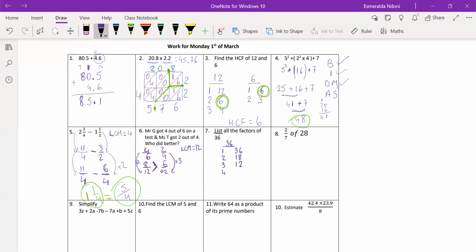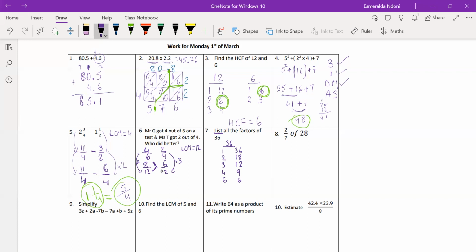This is a difficult question, so stick with me. 4 9s are 36. 5, doesn't go. 6, yes, it goes, 6 times 6. 7, no. 8, no. 9, it's already there, so you know you have finished.